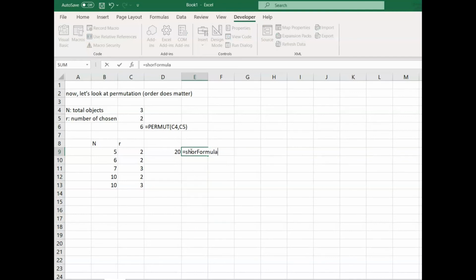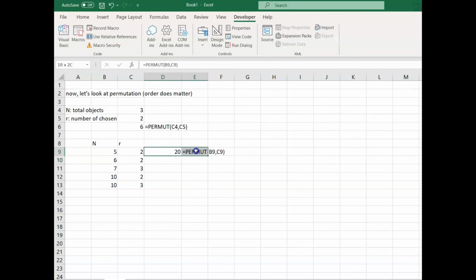So let's use SHOW FORMULA. This error message means there's no such name. Okay, it should be SHOW FORMULA. Left parenthesis, we enter D9.